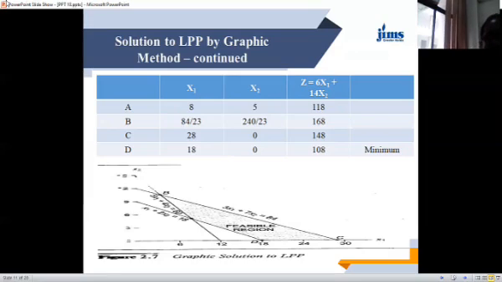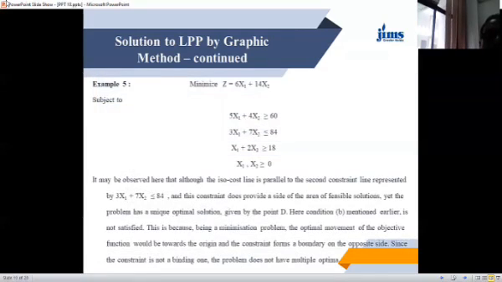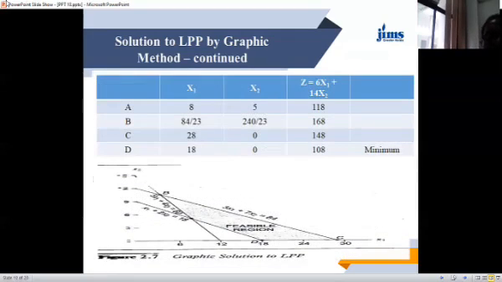Similarly, we draw the second line, x1 plus 2x2 is equal to 18, and 3x1 plus 7x2 is equal to 84. In 3x1 plus 7x2 is less than or equal to 84, the solution will come below this line.